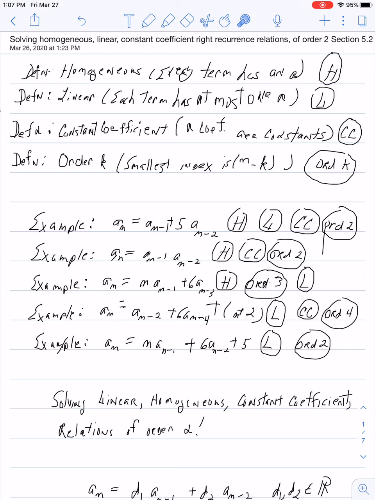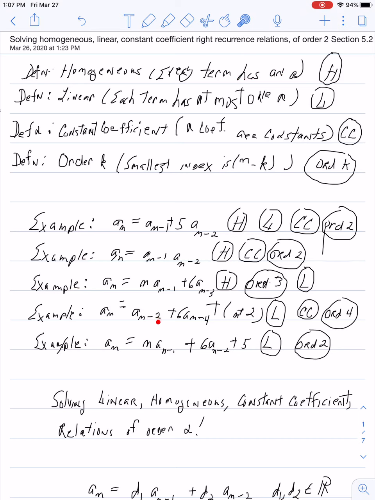Our next example, a sub n is a sub n minus 2 plus 6 times a sub n minus 4 plus, and then I have this other term, n plus 2. All right. This one is not homogeneous. Why? Because here's this term, n plus 2. It doesn't have an A in it. And every homogeneous recurrence relation has to have an A in it. It is linear. Why?